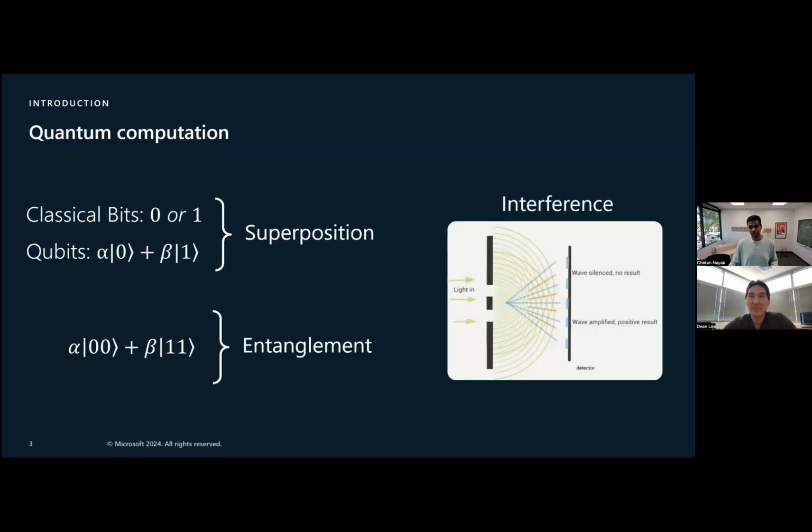And then thirdly is interference. In the context of waves, we've become used to the fact that waves can interfere. So waves on the surface of a pond, or light waves or sound waves going through two slits, the intensity of the signal that we see over here isn't just the sum of the intensities from the two individual holes in a screen.